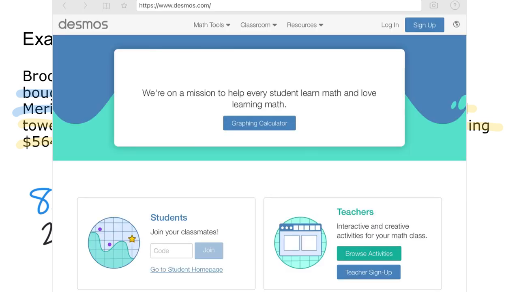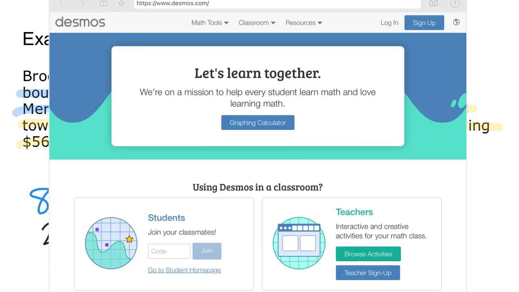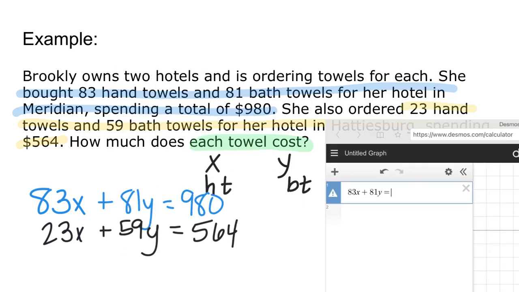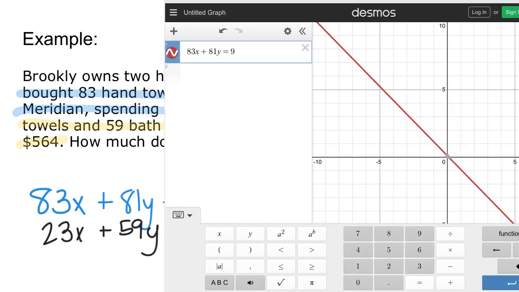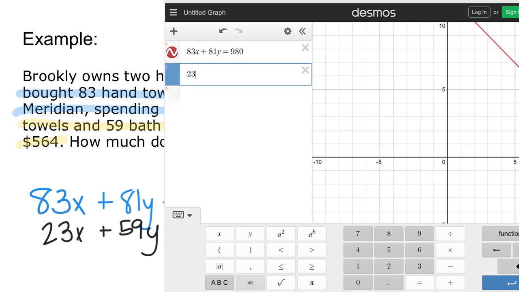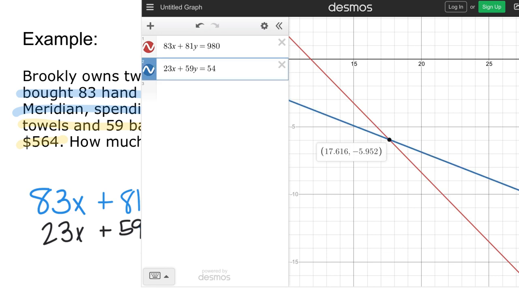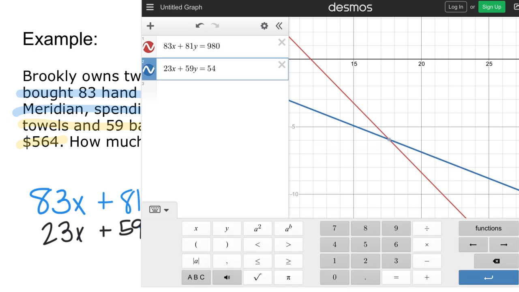I don't remember the answer to this one. Might be 4 and 8. I might be wrong, so we'll just do it. So 83x plus 81y equals 980, and then 23x plus 59y equals 564.